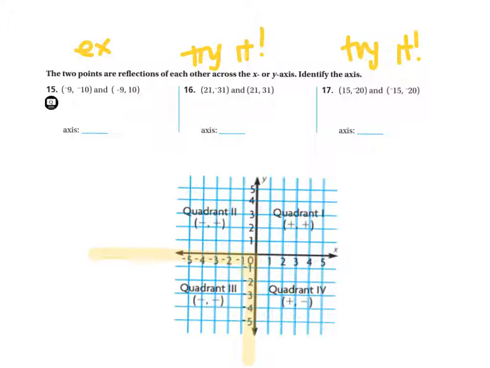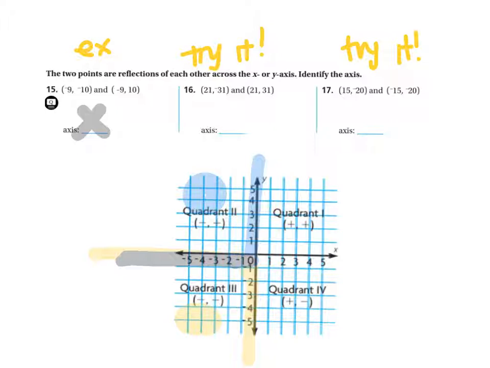Point B would be -9 and +10. So if I've drawn this perfectly, point B would be up here, point A would be down here, and it would reflect over the x-axis, because that's this axis right here. So go ahead and try the next two on your own.